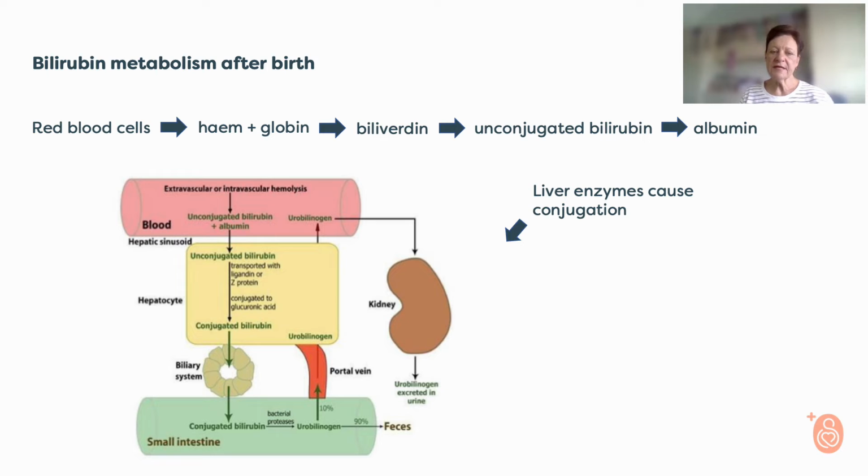Conjugated bilirubin is water soluble, so it can go into the biliary system and into the gut, the small intestine, large intestine, and it's then usually excreted in the fetus in the form of urobilinogen, which causes the brown color of the feces. And a little bit of this conjugated bilirubin is also excreted through the urine, but that's usually a small quantity.